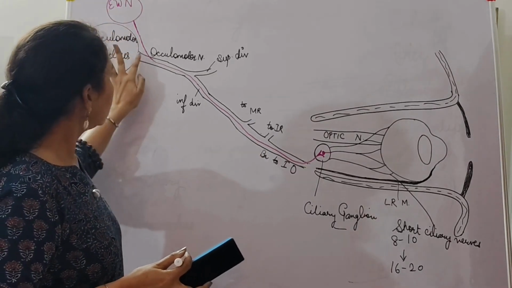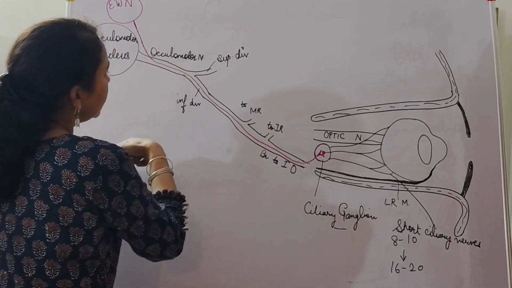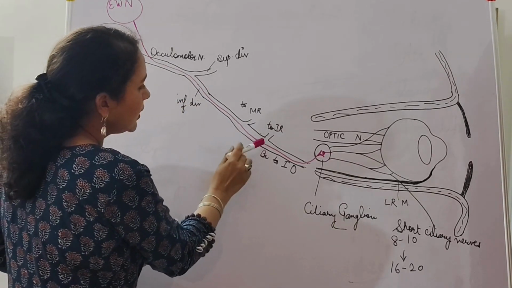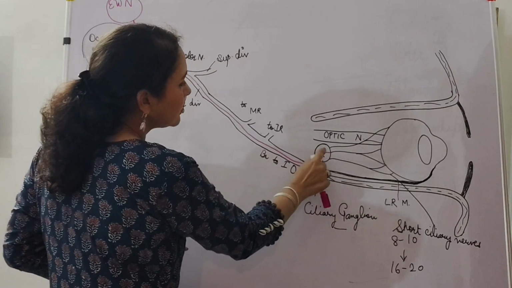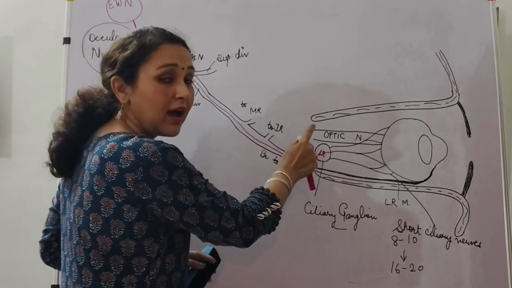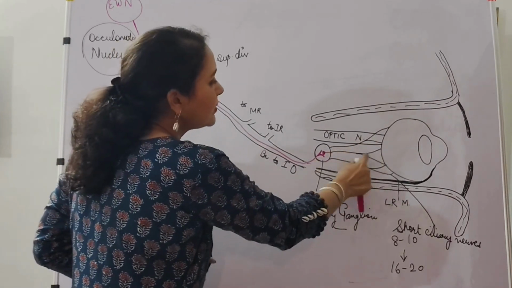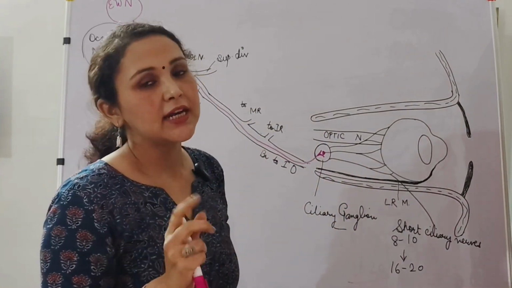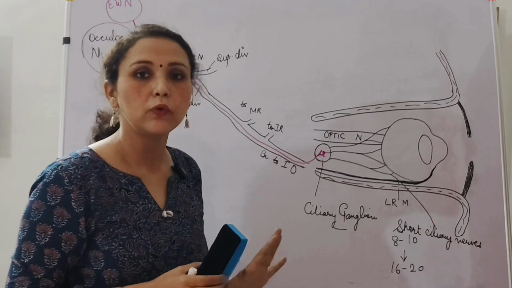They will go along with the oculomotor nerve, then along with the inferior division of oculomotor nerve, then follow the branch to the inferior oblique muscle. Leave it, enter the ganglion, relay in the ganglion. Then after the relay, postganglionic fibers will arise and via the short ciliary nerves supply two muscles, that is ciliaris and sphincter pupillae. That is all you have to learn about the parasympathetic root.